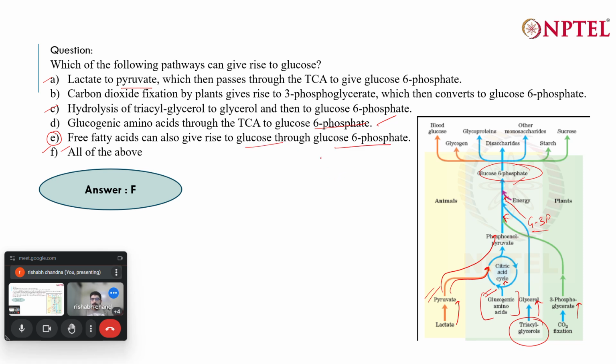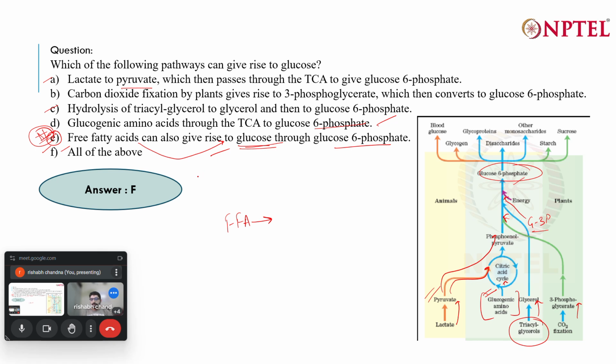Okay, so what happens here? The free fatty acids basically, there is no actually known pathway involved in the formation of glucose from them. Okay, so that's why this is a very trivial thing. Sorry, that is an ongoing research thing, but there are papers that actually suggest that the free fatty acids also give rise to glucose.